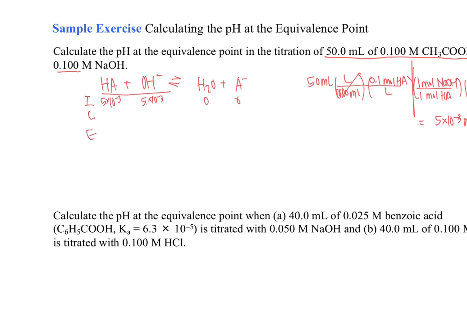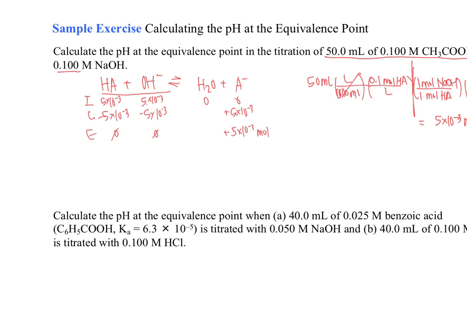So at my change, I have 5 times 10 to the negative third for both. So I don't have any of my reactants left, and I only have my products, which is my water, which is not going to do too much, and then my acetate. So 5 times 10 to the negative third moles.